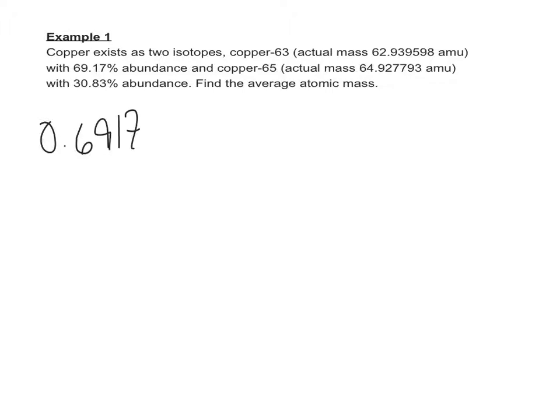So you could potentially start arguing, oh, well, I know that the mass is 63. But then I go ahead and tell you that the actual mass is 62.939598. Here's the deal. If we tell you the actual mass, like we do here, you have to use the actual mass that we give you. So you're not allowed to use the shortcut of copper 63. You have to actually multiply that by 62.939598.